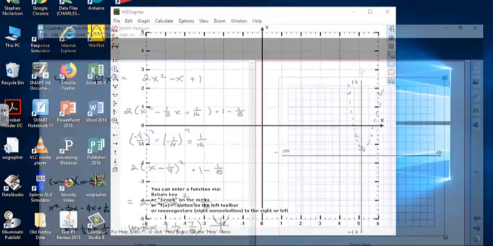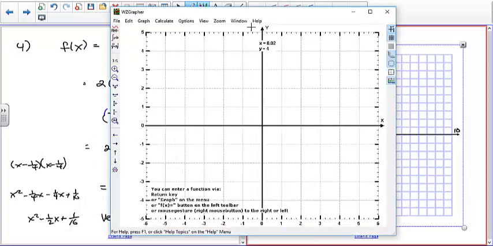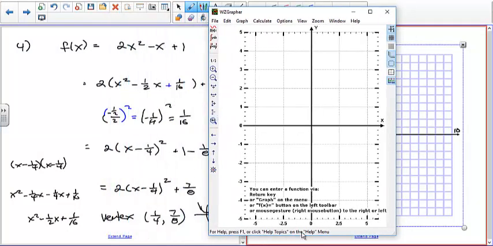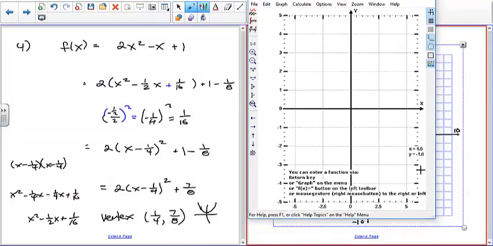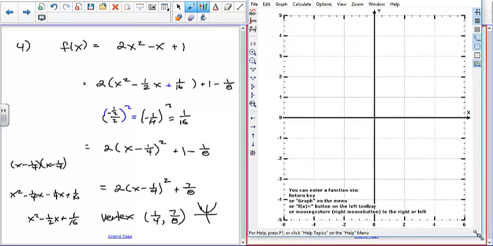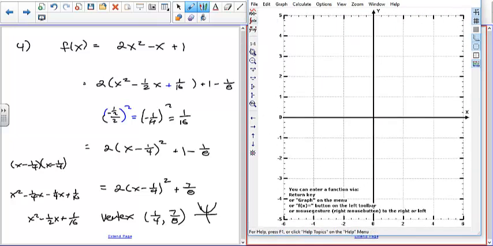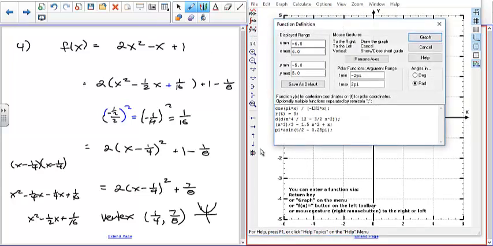And what I'm going to do is I'm going to just show you how you can prove that we're doing things correctly by taking this graph paper. So I'm going to shrink it up a little bit so I can keep it on this one side. Okay, so the first thing I'm going to do is plot the original function, which is 2x squared minus x plus 1.